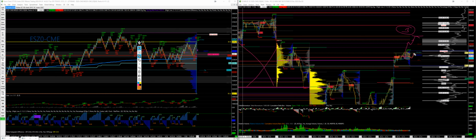Get the orange, brief test up, burst to the downside, test the century figure, 3000, close the gap. And that's scenario 4. And that is all.